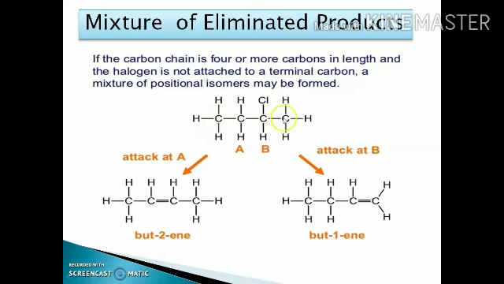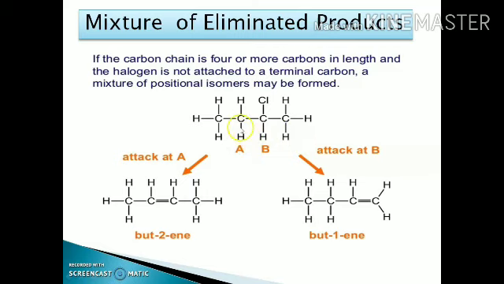These both are the terminal carbon atoms. It means there are 2 beta carbon atoms, as this is the alpha carbon atom and this is a beta carbon, and this is also a beta carbon atom. It means the base can abstract the proton either from this carbon atom or from this carbon atom.